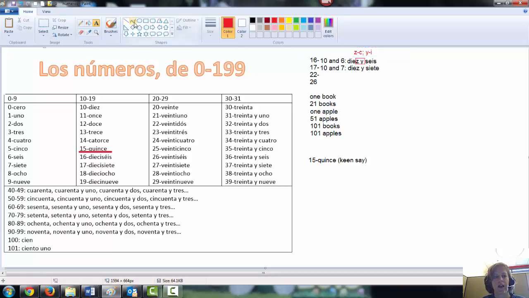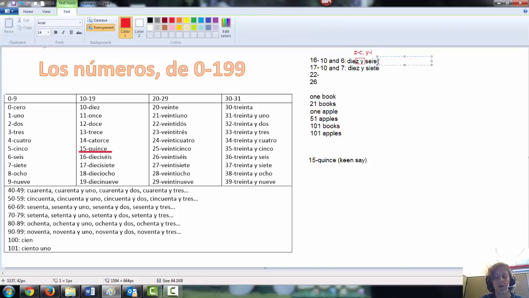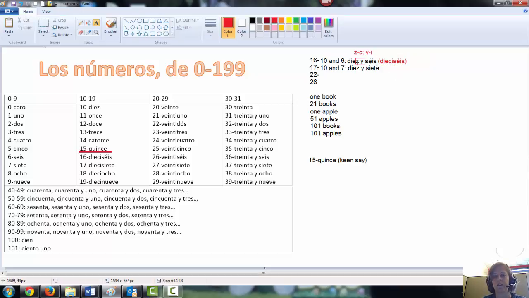So then what I can actually write out for 16, which is more preferred, is change my Z to a C, my Y to an I, and then write it all together. So I can write 16 as diez y seis, or I can write it all together as dieciséis.